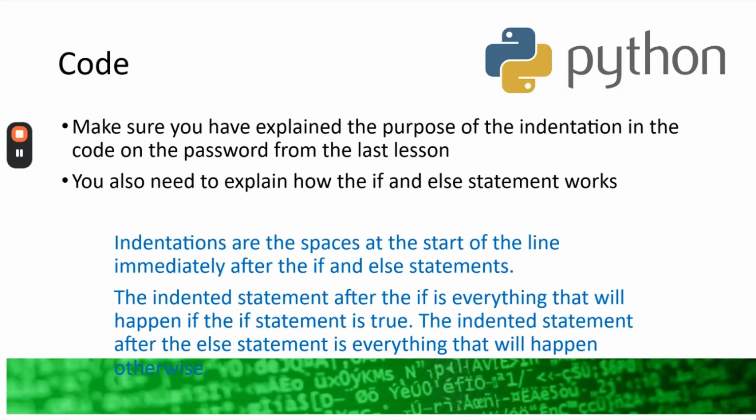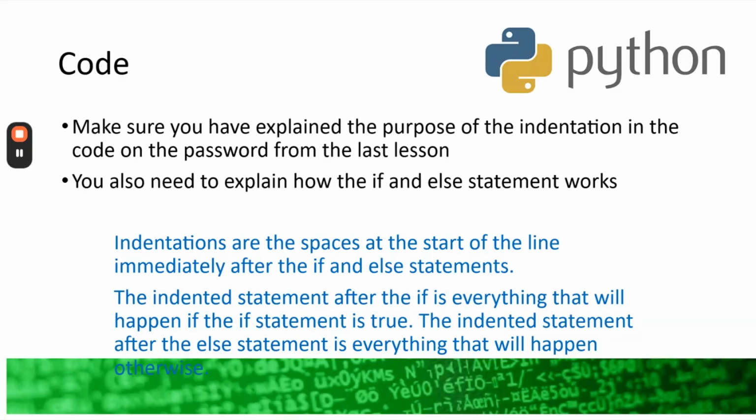And in response to that, I would say something along the lines of, indentations are the spaces at the start of the line. So you put those after the if and the else. And after the if, everything that's indented will happen if that's true. And then everything that's indented after the else will happen if the else is true. So it's just understanding that layout of the structure of that type of statement.